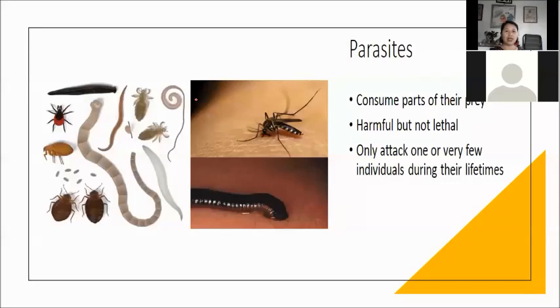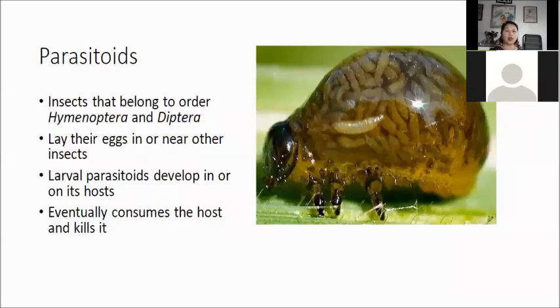Next, we have parasites. These consume parts of their prey, harmful but not lethal, and only attack one or very few individuals during their lifetimes. And we also have the parasitoids.